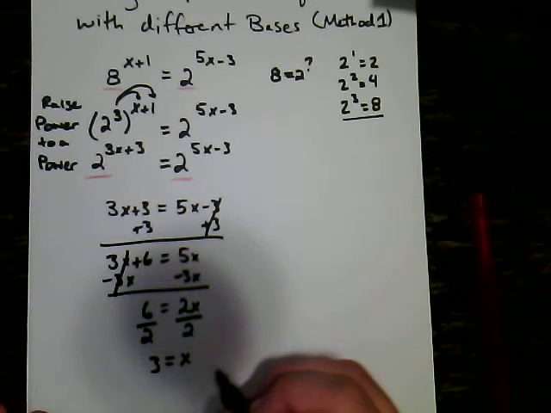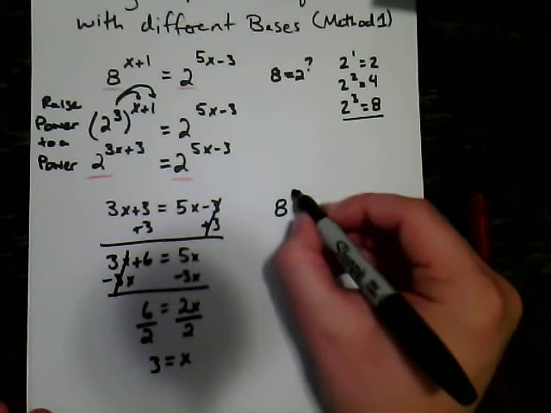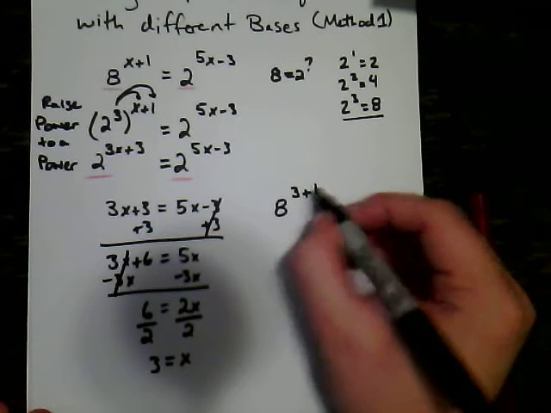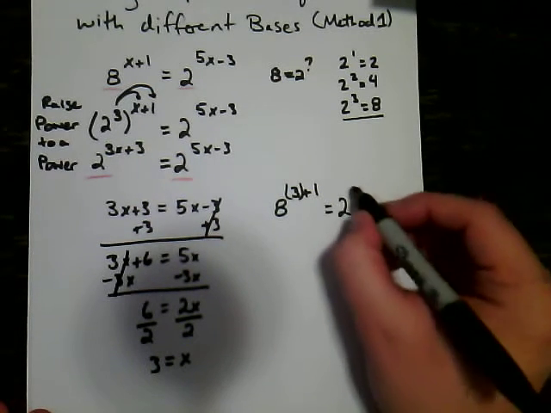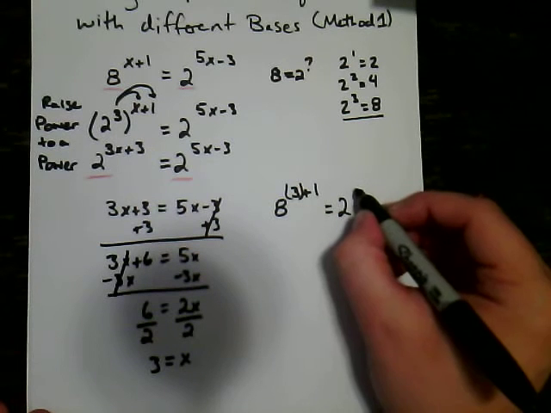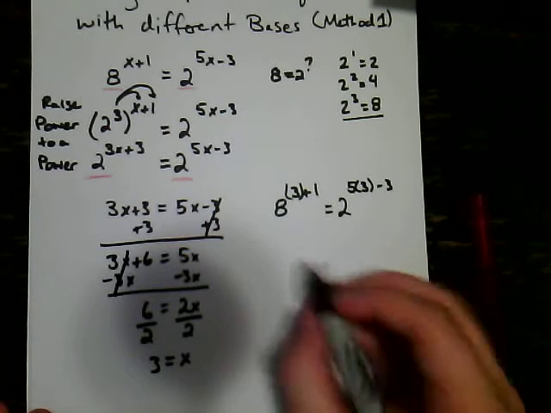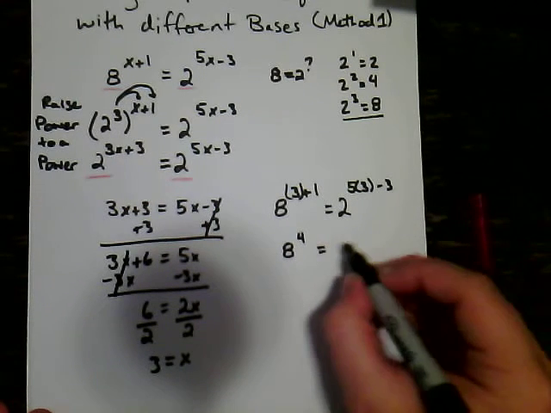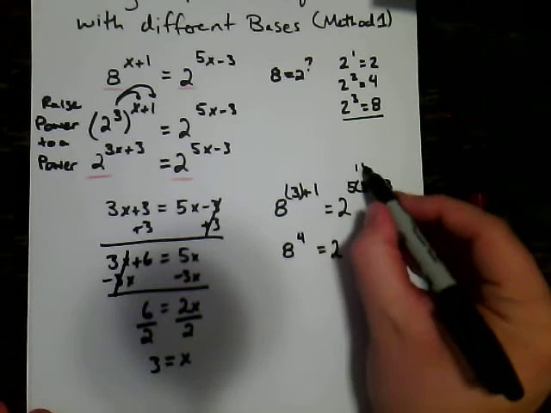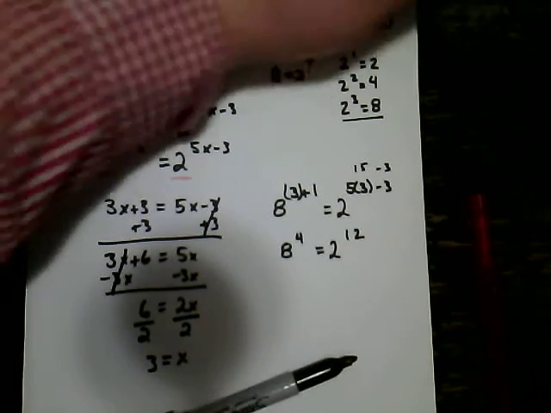Now let's go ahead and check. I want to plug into the original equation so you can make sure that we've got two equivalent expressions. So we had 8 raised to the 3 plus 1, 2 raised to the 5 times 3 minus 3. That gives us 8 raised to the 4th power is equal to 2 raised to the 15 minus 3, the 12th power. I'll go ahead and get my calculator out.